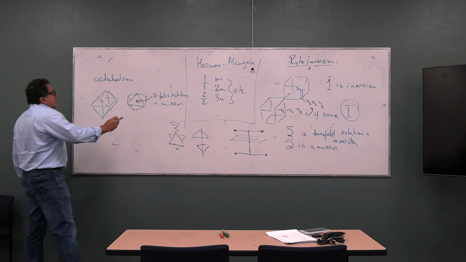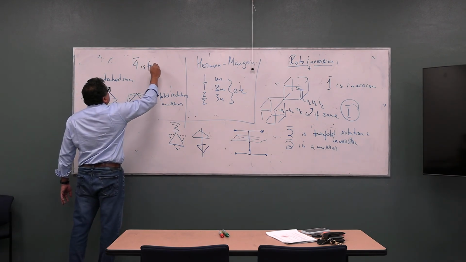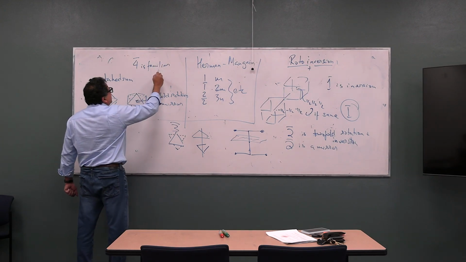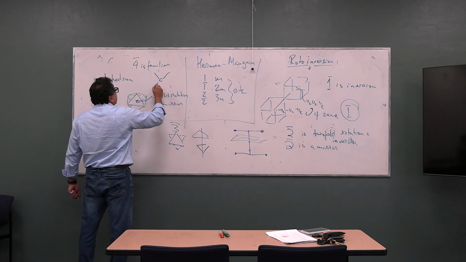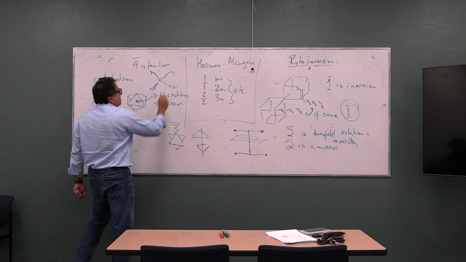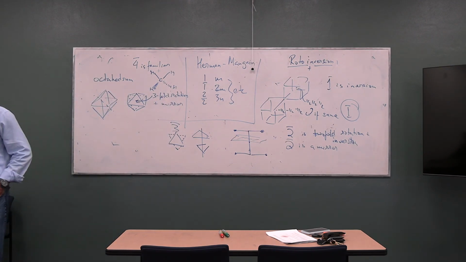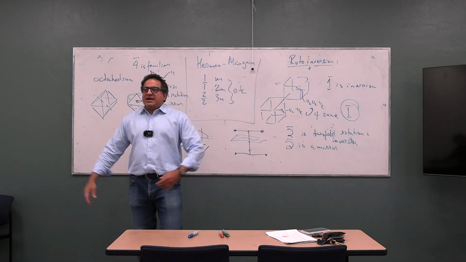How is 4 bar familiar? 4 bar you see in methane. 4 bar is a fourfold rotation plus an inversion. A fourfold rotation is a rotation by 90 degrees and an inversion. So this is my methane dance.